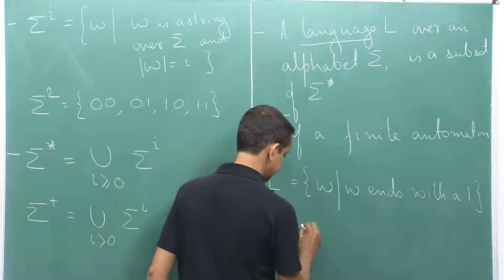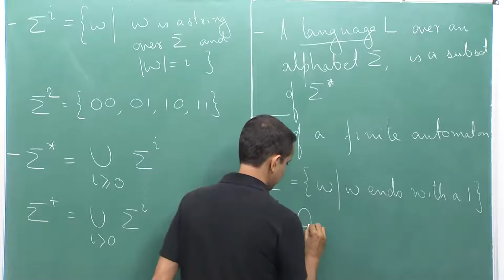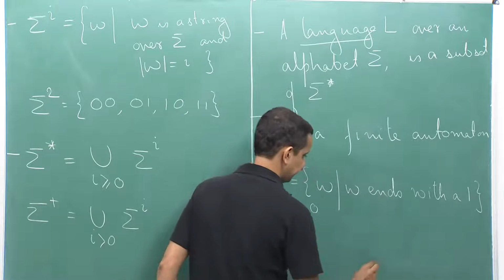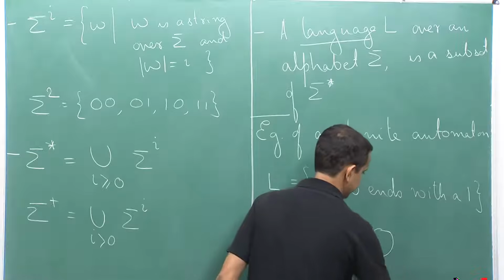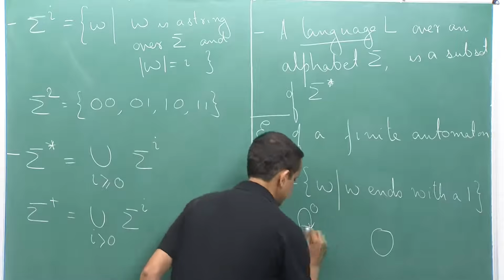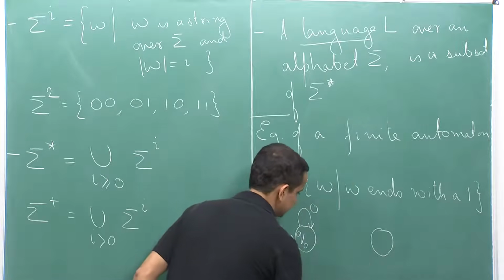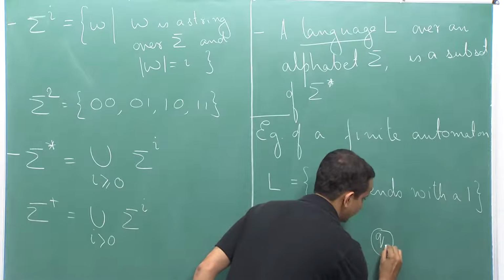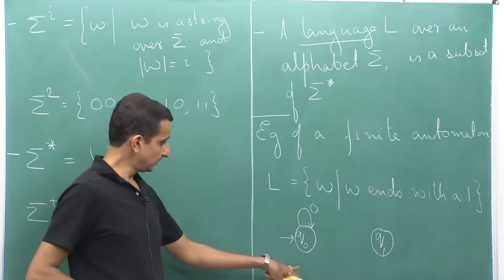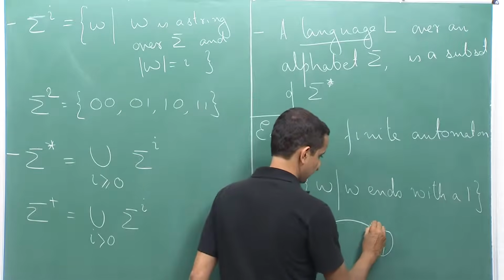Whenever we are sitting at this state and we see a 0, we remain at this state, and we will have another state that corresponds to all strings that end with a 1. So let's give them some names as well. We'll call this state Q0 and we'll call this state Q1. So from Q0, if we see a 1, we go to Q1.